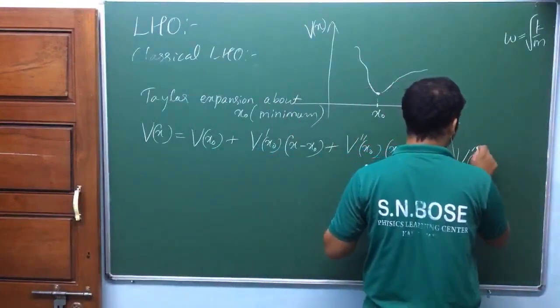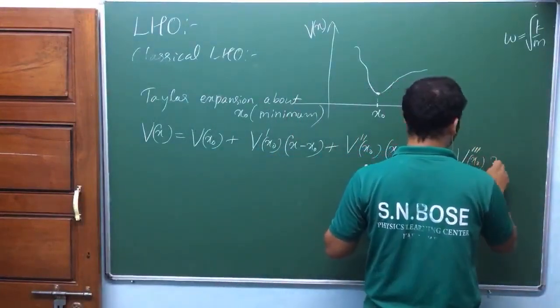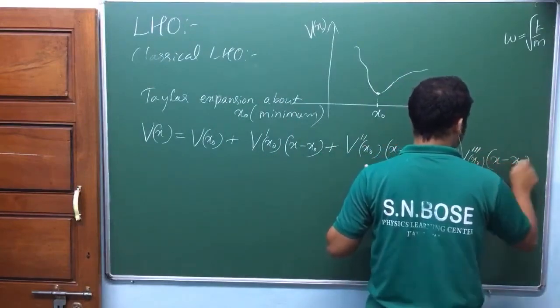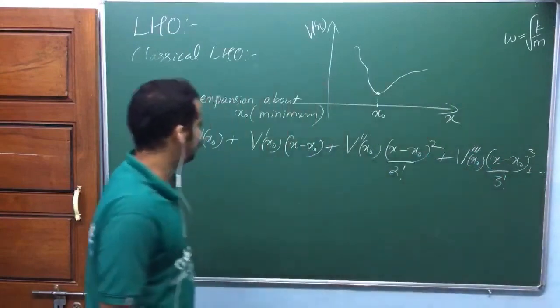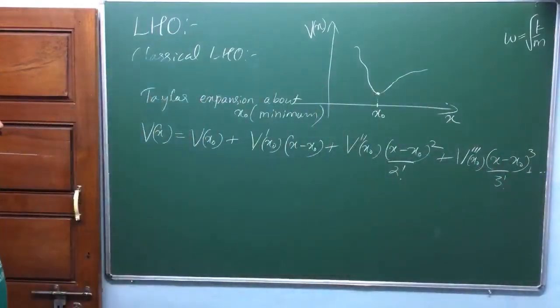I hope you know this one. So x minus x naught whole cube by 3 factorial and so on, isn't it? This is a Taylor expansion.